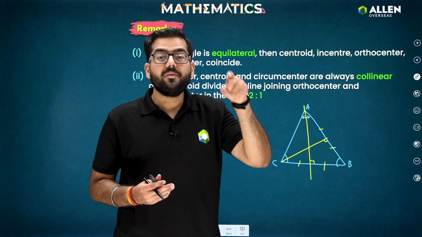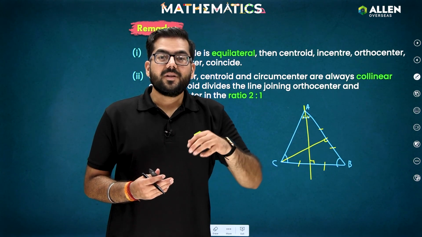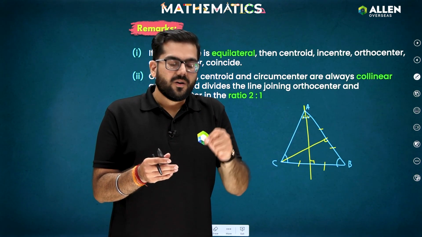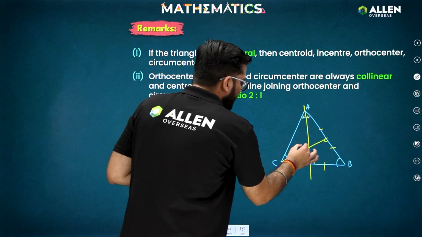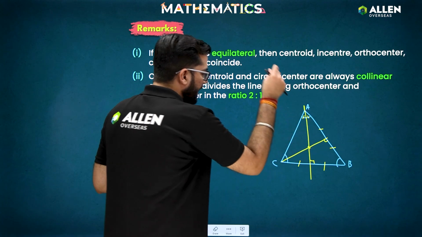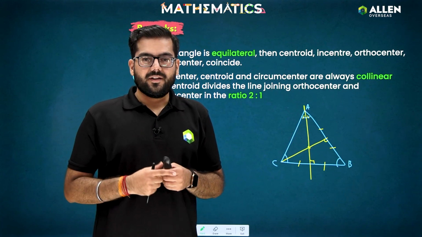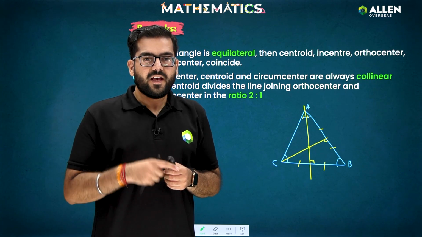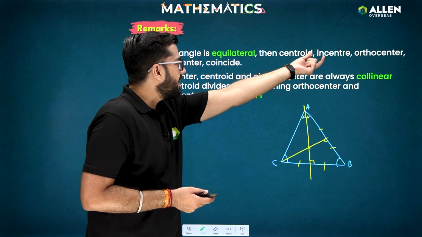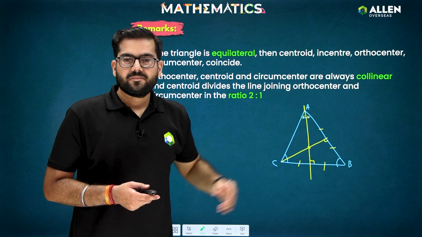But by default, it will be perpendicular as well as a bisector. That's why the intersection of all these, you will get the centroid as well as circumcenter as well as orthocenter as well as incenter, right? So the centroid, incenter, orthocenter and circumcenter, all four coincide here.